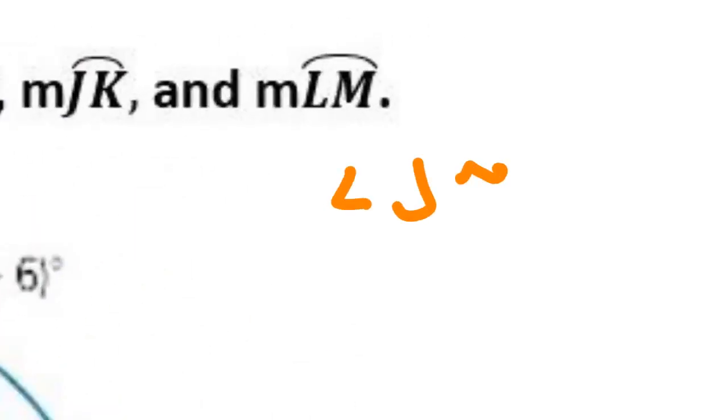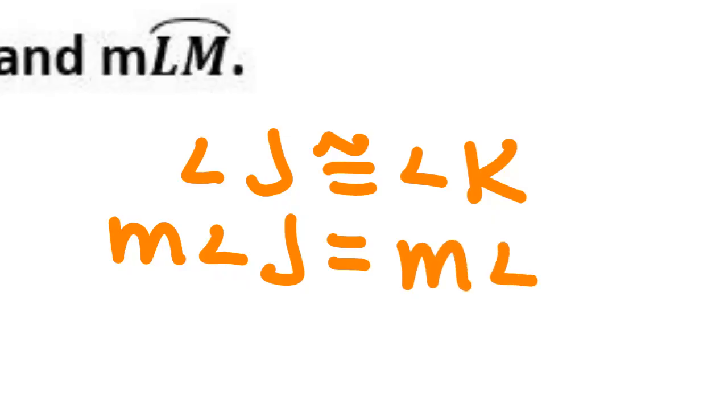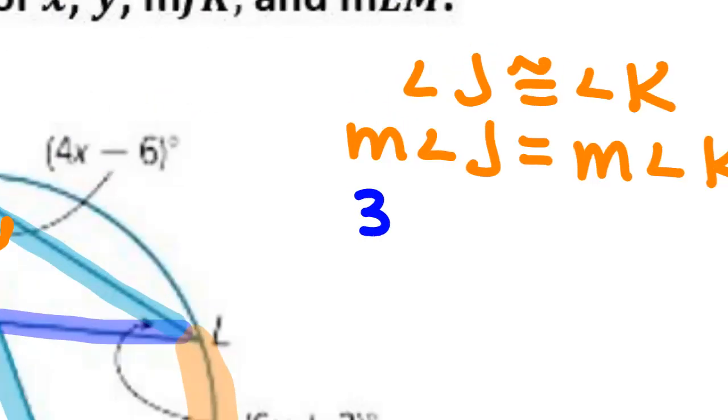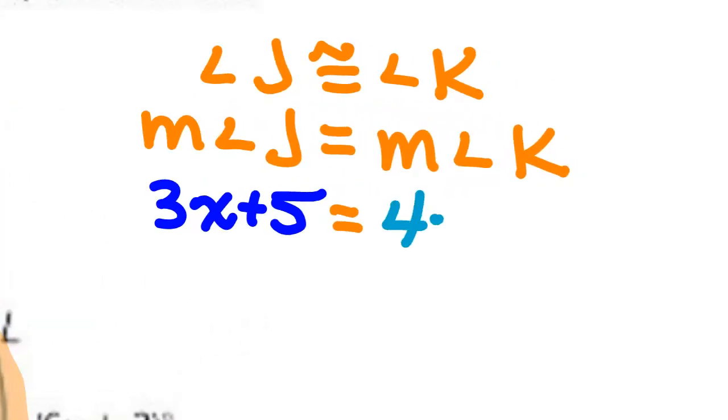Angle J is congruent to angle K. So the measurement of angle J is equal to the measurement of angle K. The measurement of angle J is 3x plus 5. The measurement of angle K is 4x minus 6.